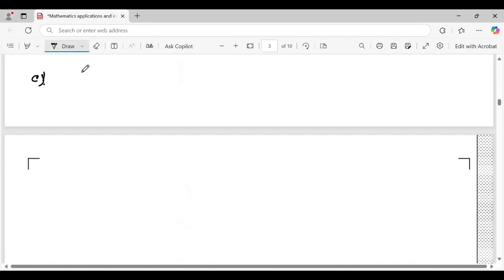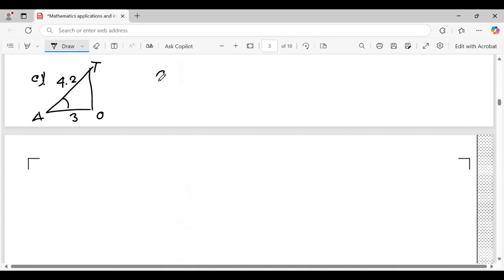In this triangle, OA is 3 and AT is 4.2.